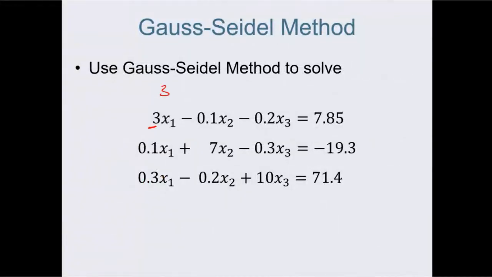Three should be greater than 0.1 plus 0.2. Of course, we are not worried about the sign, just the values. 7 should be greater than 0.1 plus 0.3. 10 should be greater than 0.3 plus 0.2. If it's greater, then it is said that it is diagonally dominant.